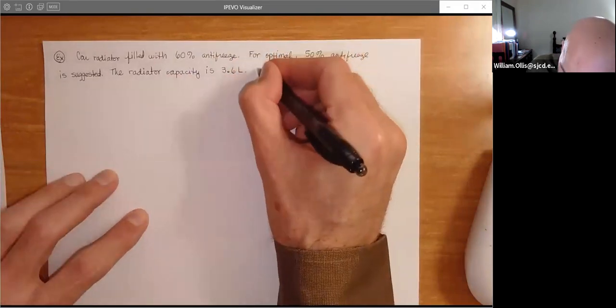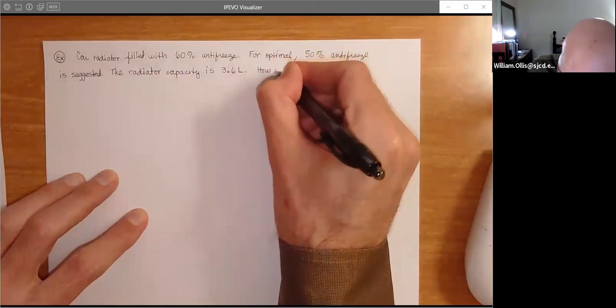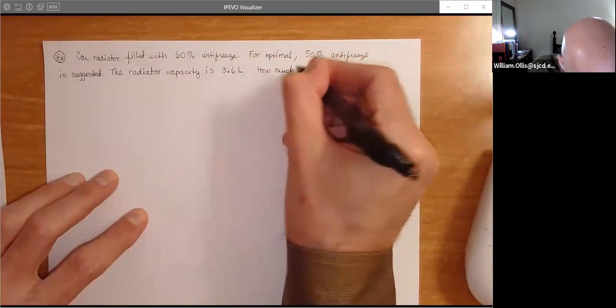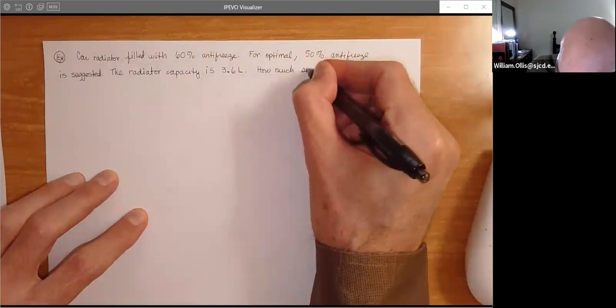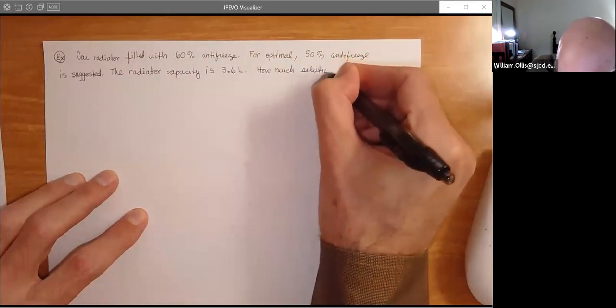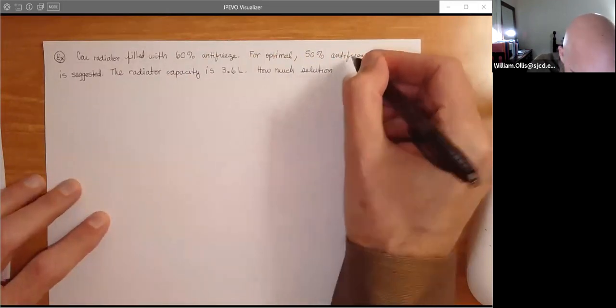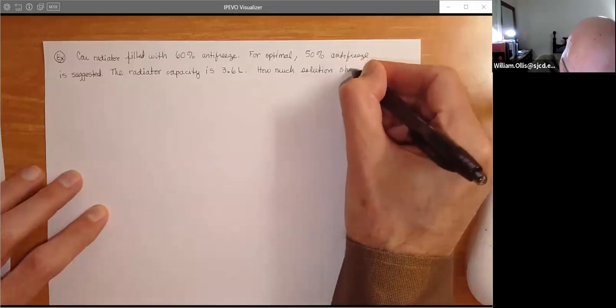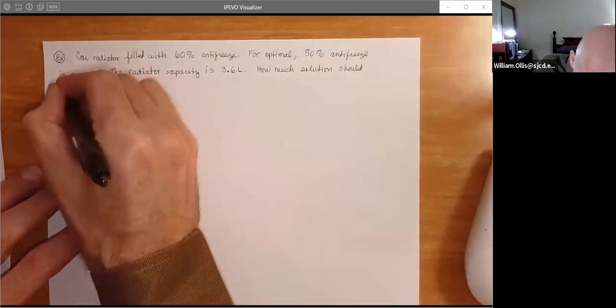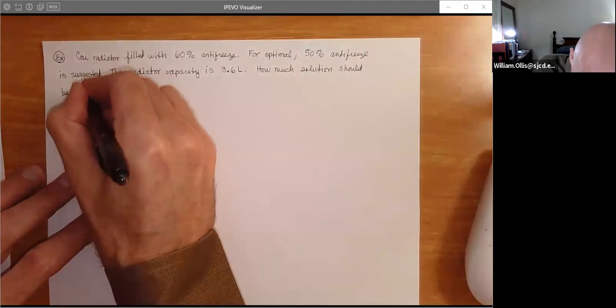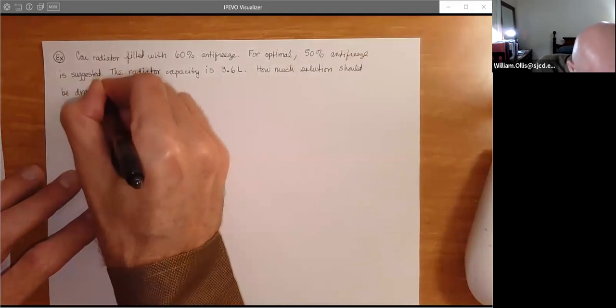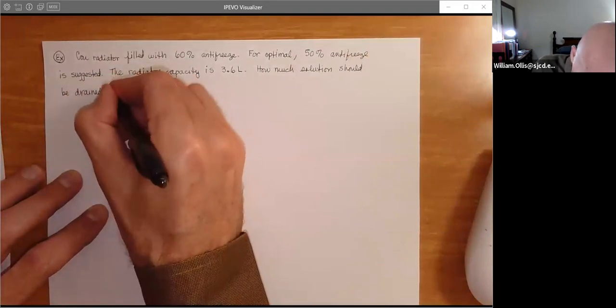Then it says, how much solution, you'll see how simple this is, how much solution should be drained and replaced with water.